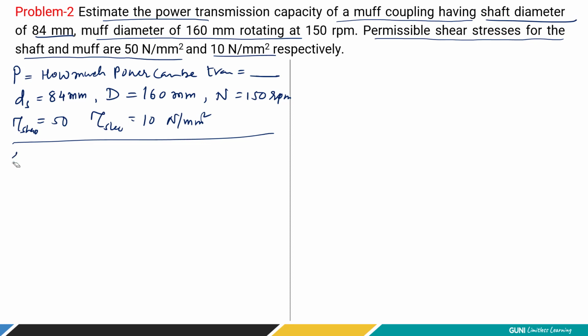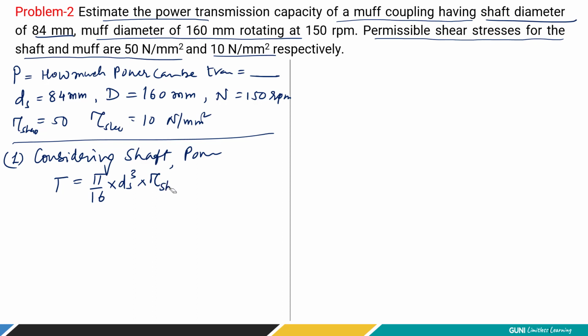So considering the shaft, the power transmitted. The torque transmitted through the shaft is given by pi by 16 d raised to cube into tau.